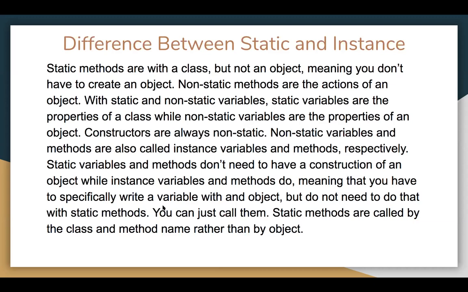You can just call them. Static methods are called by the class and the method name rather than by an object. I guess this is a long paragraph saying basically the same thing, but it just means that static methods are with a class and instance methods are with objects.